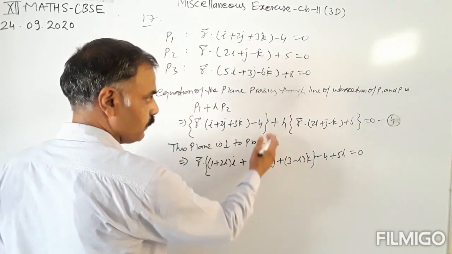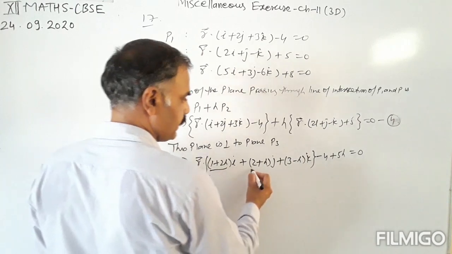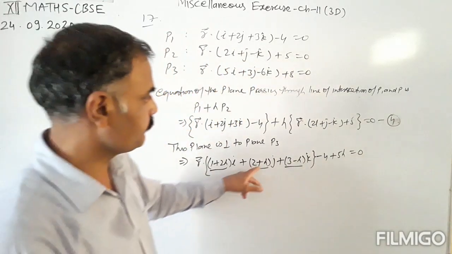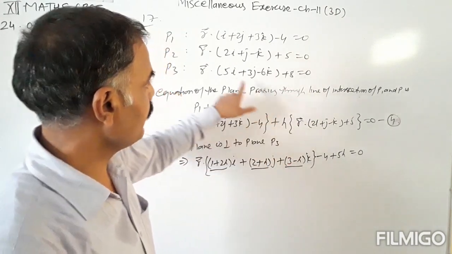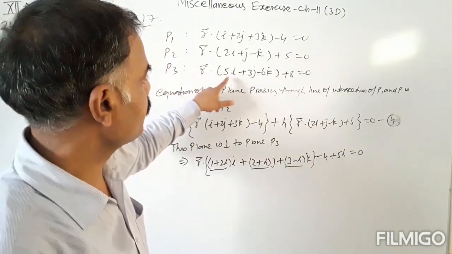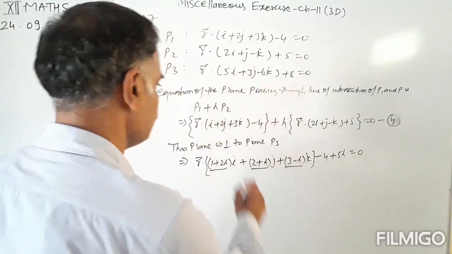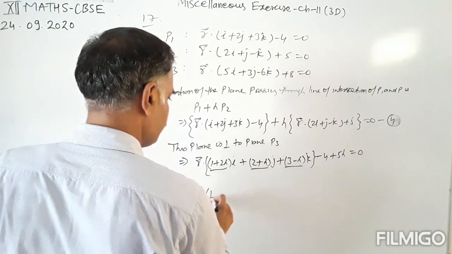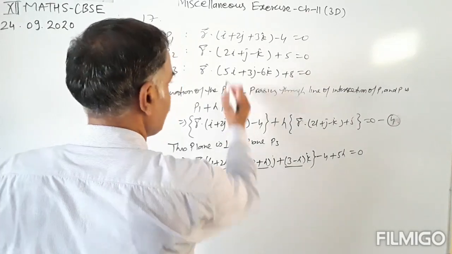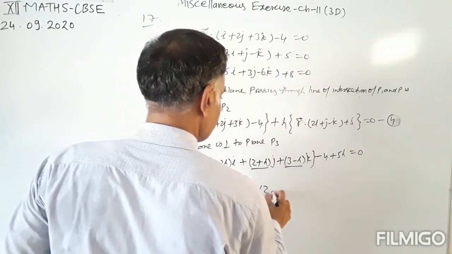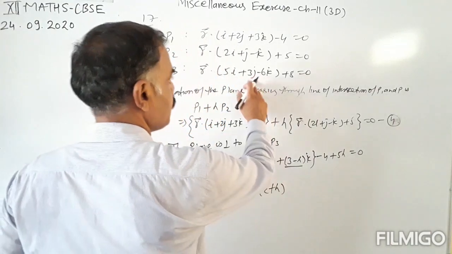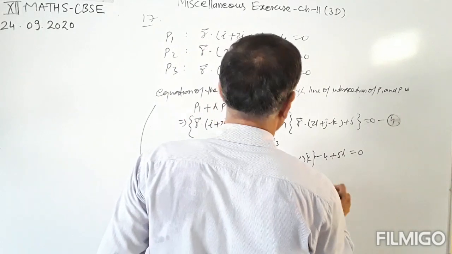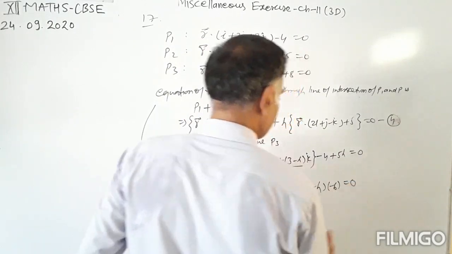So the direction ratios of this plane are 1 plus 2 lambda, 2 plus lambda and 3 minus lambda. These are the direction ratios of plane number 4, and the direction ratios of plane number 3 are 5, 3 and minus 6. So this implies (1 plus 2 lambda) into 5 plus (2 plus lambda) into 3 plus (3 minus lambda) into minus 6 equals 0.